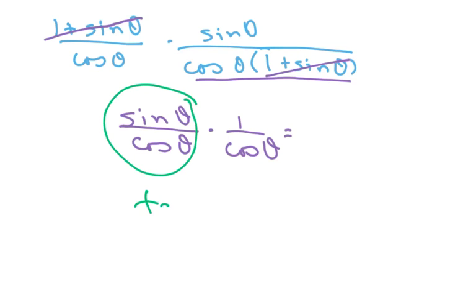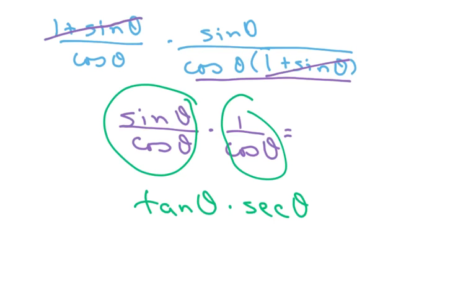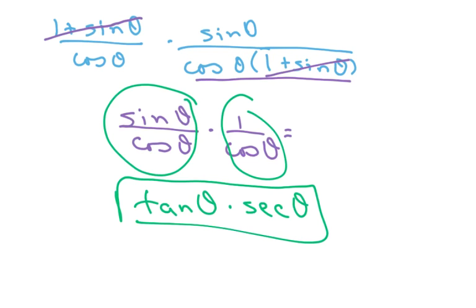This is tan of theta, and this is secant of theta with your trig ratios. And that's our desired result. So basically, I went ahead and just multiplied this by 1. I put these two over each other, and I put this over that.